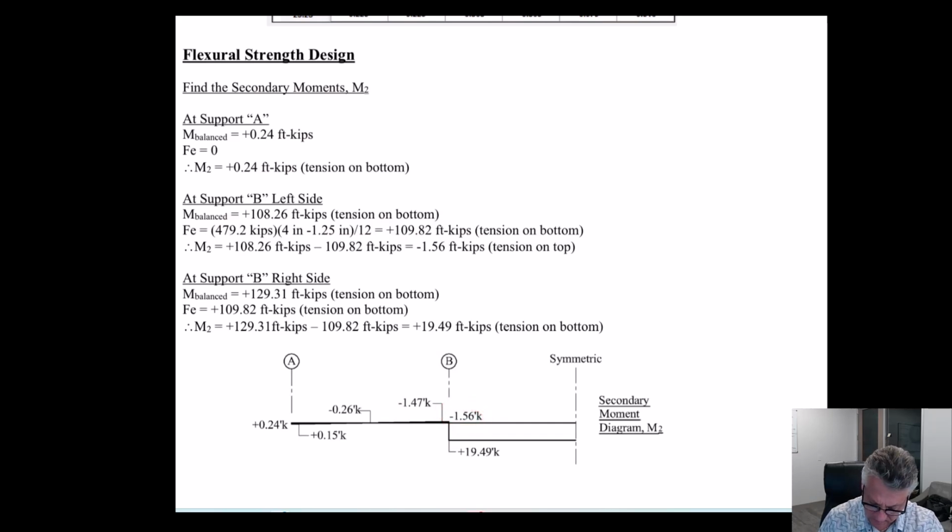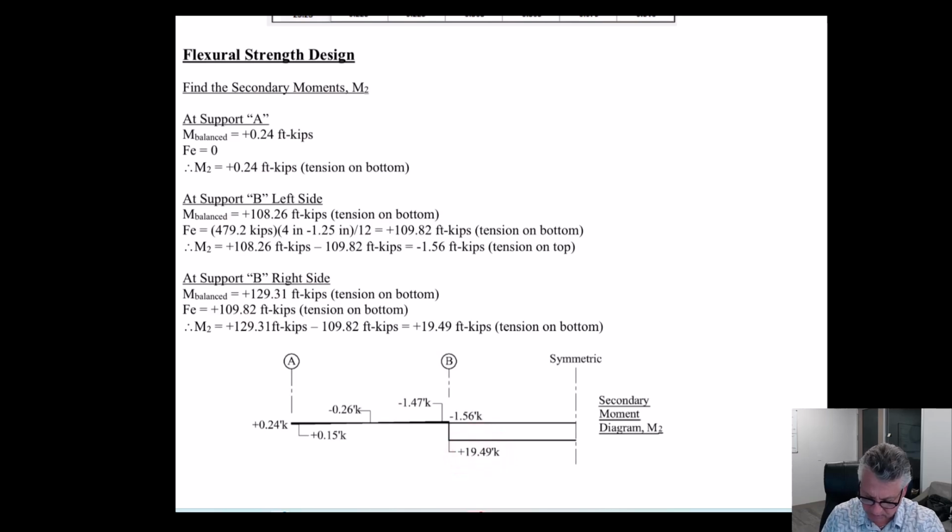The right side over here of B, the equivalent load moment was 129.31 foot kips, tension on the bottom. The primary pre-stress moment at the center line, still the same, 109.82. We're just looking at the center line. So the secondary moment on the right side of the interior joint, after the column has done its work, is 19.49 foot kips.